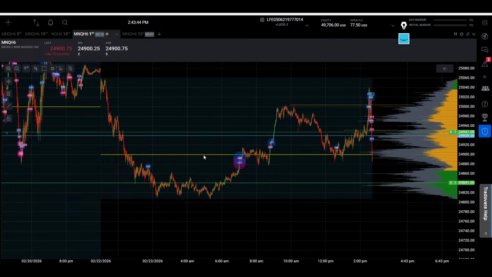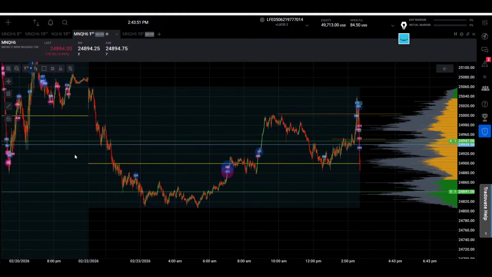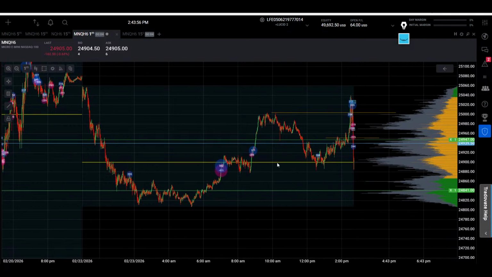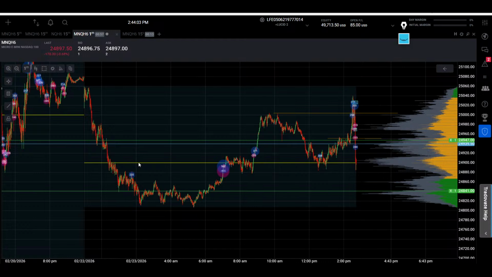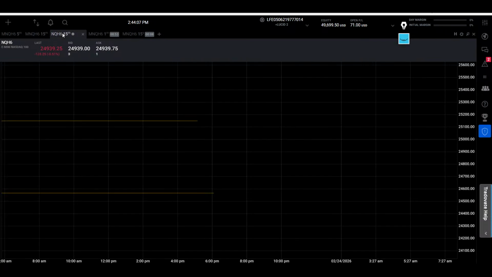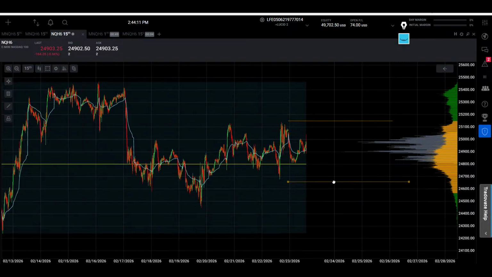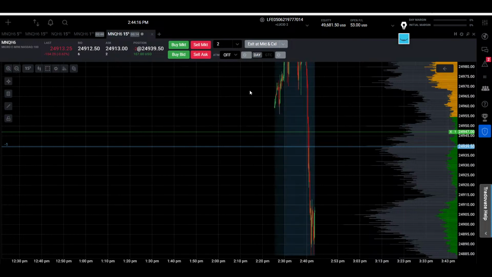Anyway, so what are these trend lines? These are the 15 seconds.